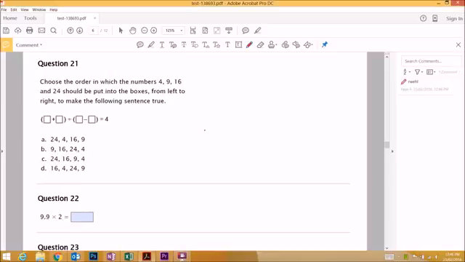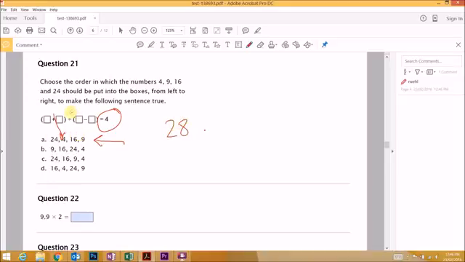Okay, so once again with this question we can just guess and check. So choose the order in which the numbers 4, 9, 16 and 24 should be put into the boxes from left to right to make the following sentence true. So our answer has to equal 4. So let's start with A. So here's our operation for these first two. 24 plus 4, which is 28.